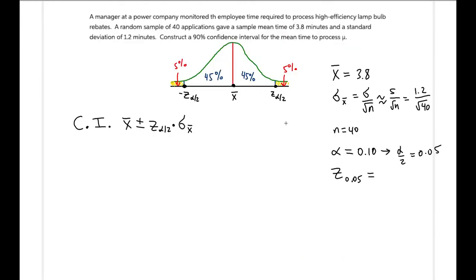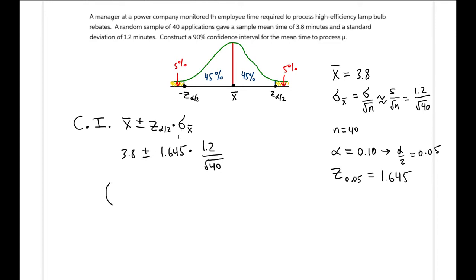All right, so going back, we already found the z value. It's 1.645. All right, so now let's use this formula. So we take the sample mean, 3.8 plus and minus the z value we found, 1.645, times the standard deviation of the set of sample means, and that is 1.2 over square root of 40. All right, so that's going to be what?